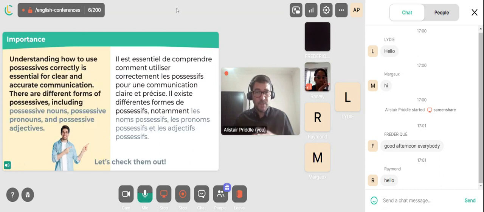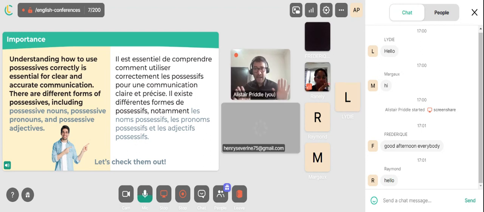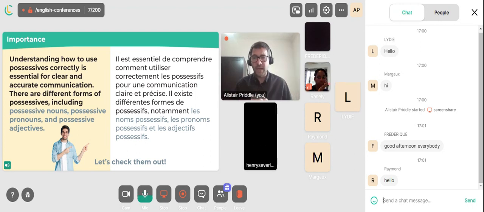The importance of possessives. Understanding how to use possessives correctly is essential for clear and accurate communication. There are different forms of possessives, including possessive nouns, possessive pronouns, and possessive adjectives.